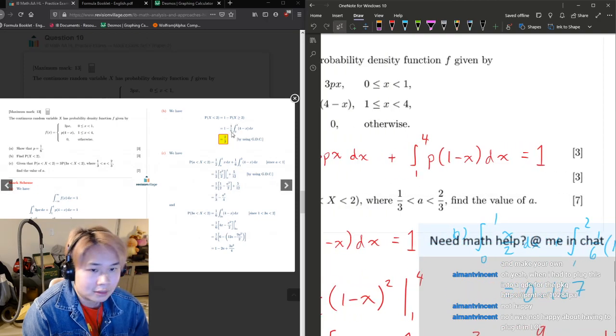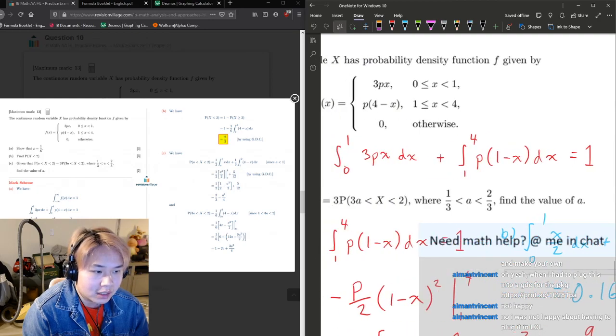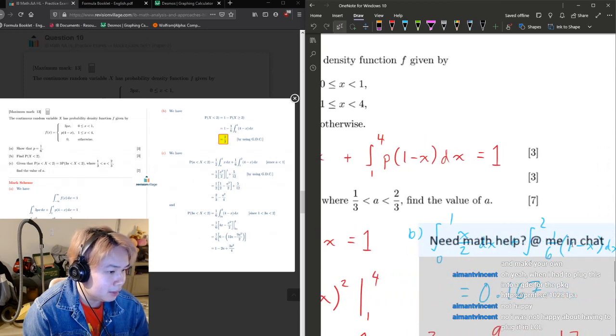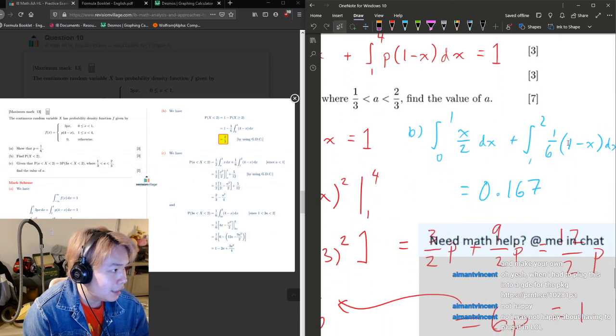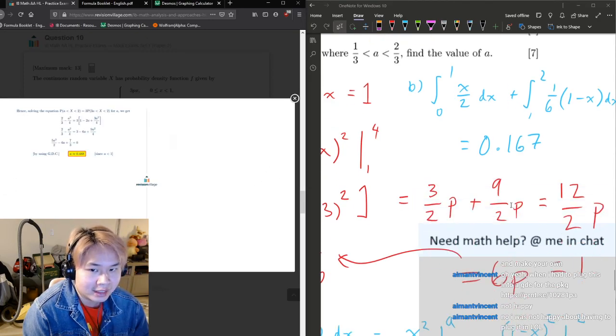I don't know how I messed this up. Oh, I put in the calculator wrong, that's why. I put in 1 when the function is 4. So that probably means that my other answer is wrong.